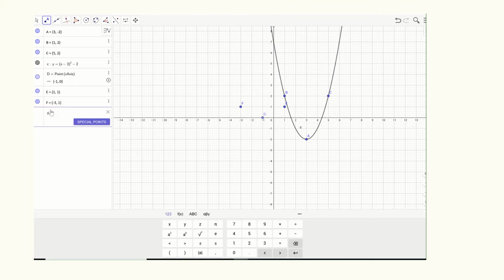So we got y = 0.25 times (x + 1)². And Shazam, there we go again.